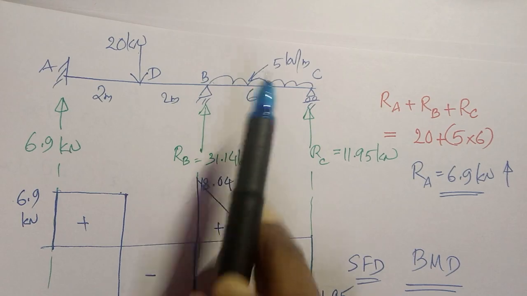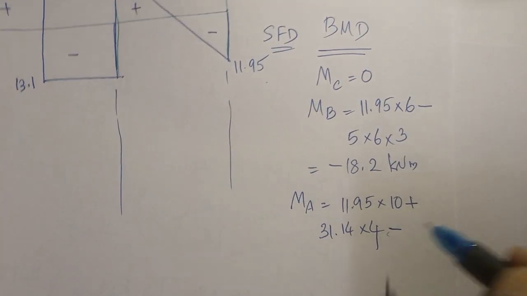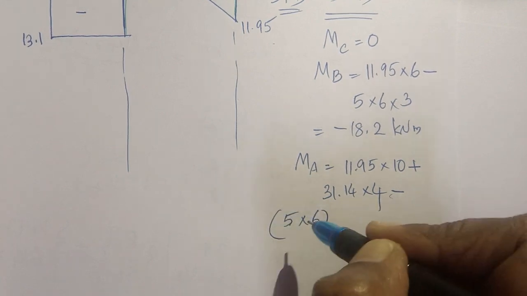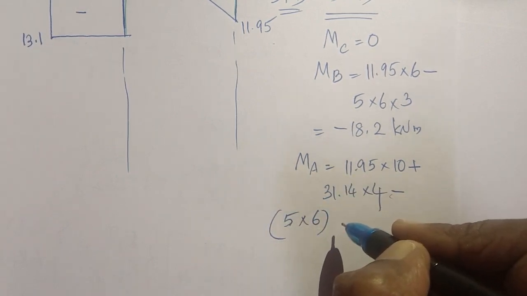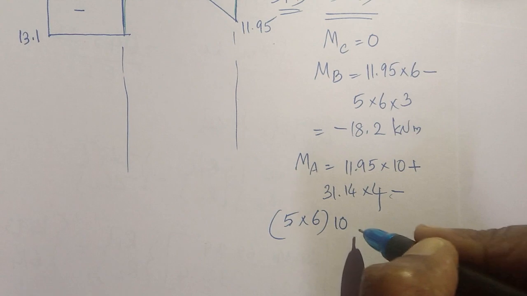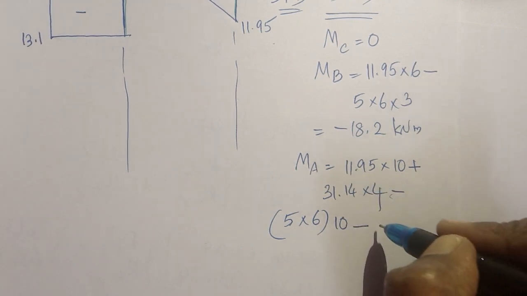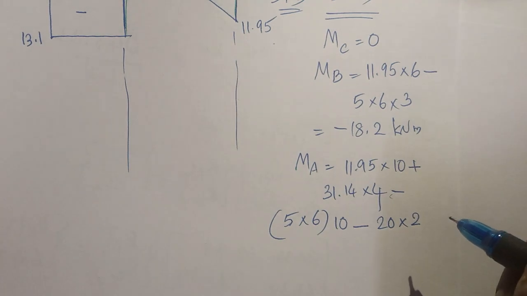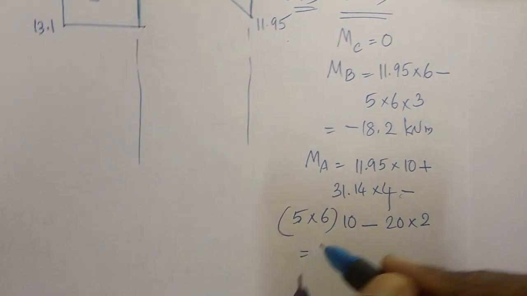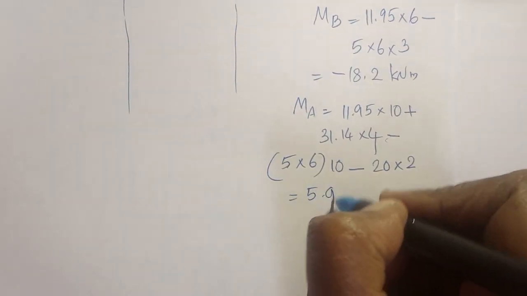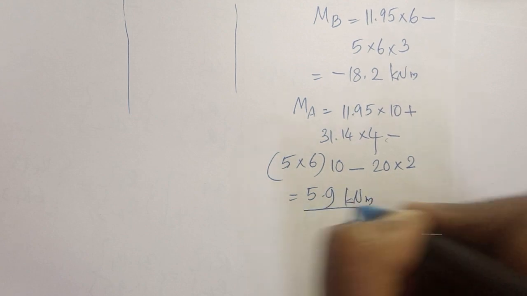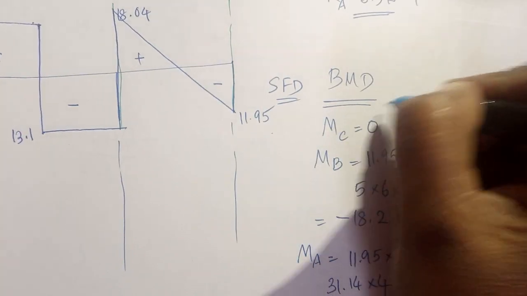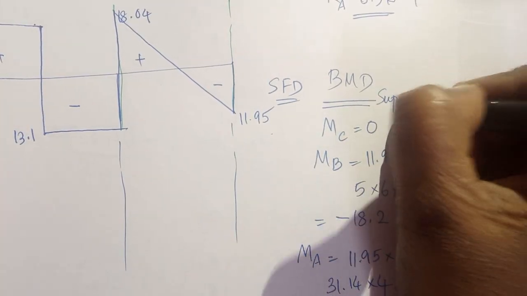Then this much load, minus 5 into 6, the load acting at 10, minus 20 acting at 2. So we will get the answer as minus 5.9 kilonewton meter. So all these are known as the support moments.